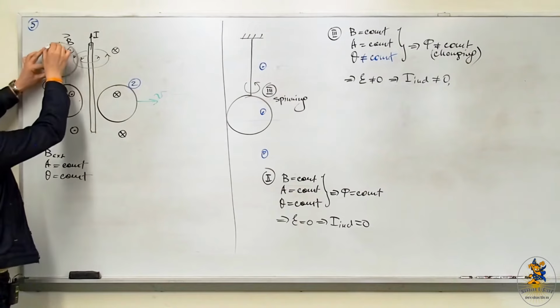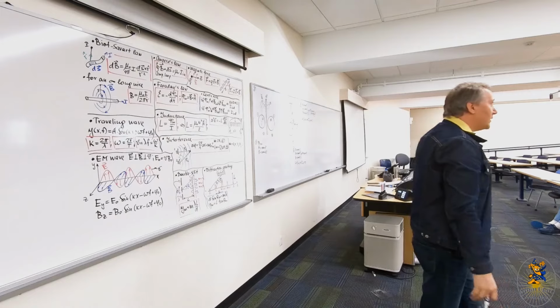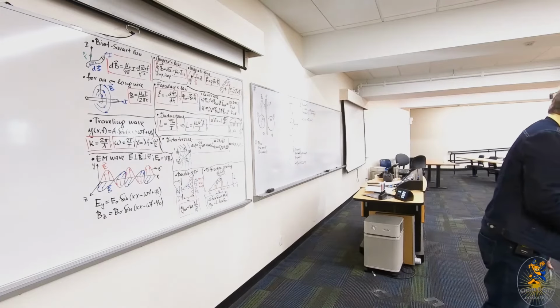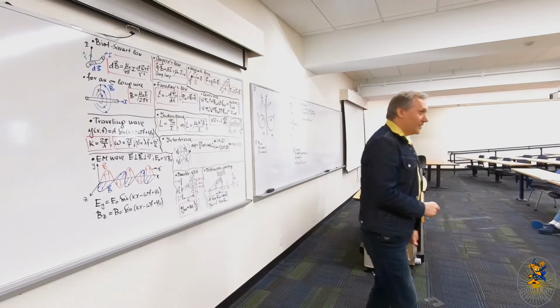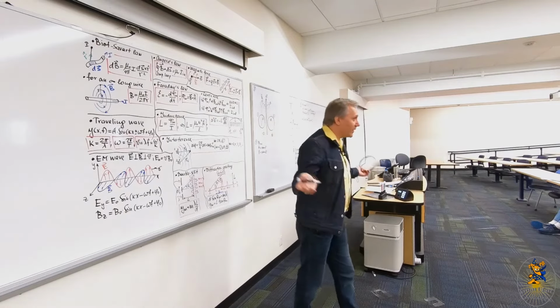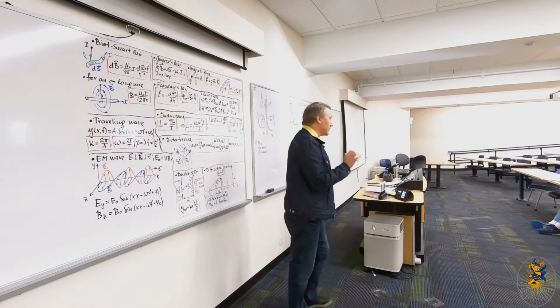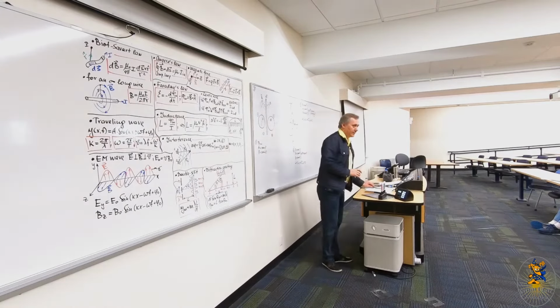Here, 3 all the time, and so on. So at every point, magnetic field is going to be constant in time, right? So magnetic field is not changing in time. It changes in space, but Faraday's law doesn't care about that, right? So we need to see only if something is changing in time.